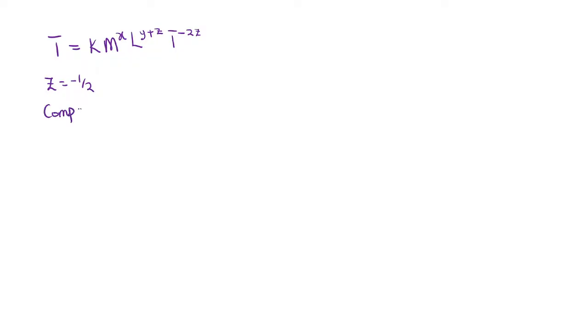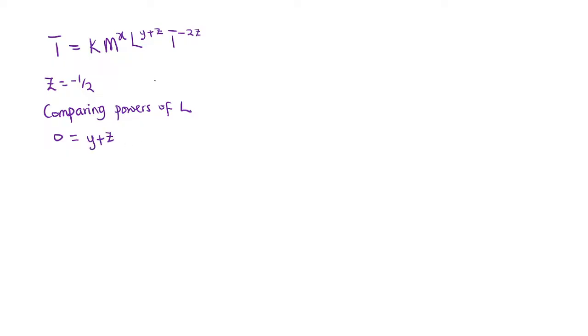So we'll just continue by comparing powers of L. Now to compare the powers of L, on the left hand side we don't have any L over there, so the power over there is 0, and this is equal to, on the right hand side, y plus z.